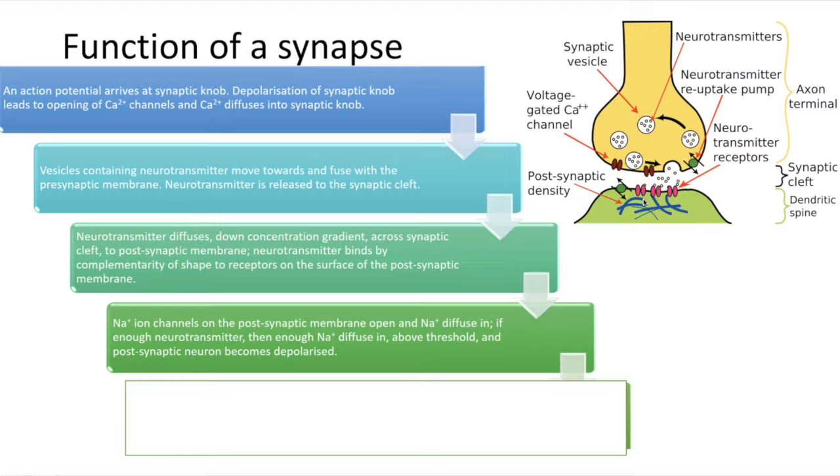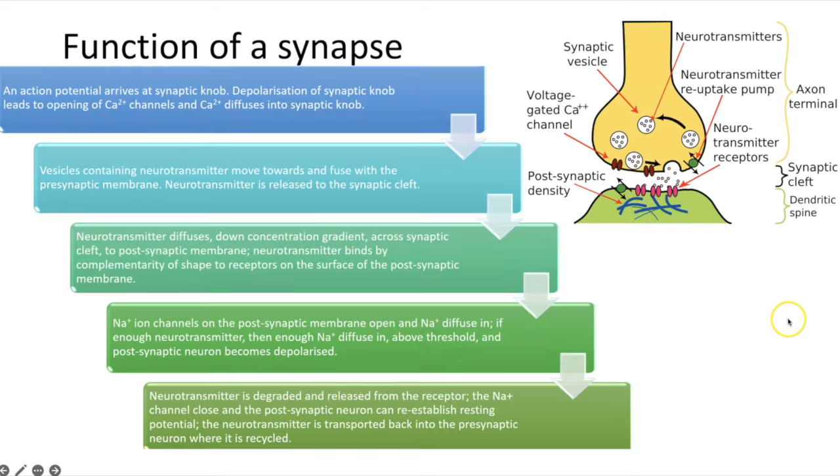And once those sodium ion channels open, sodium ions can diffuse into the postsynaptic neuron, causing the postsynaptic neuron to depolarize. And that depolarization can then result in the generation of an action potential, and that has then triggered an action potential in the next neuron.